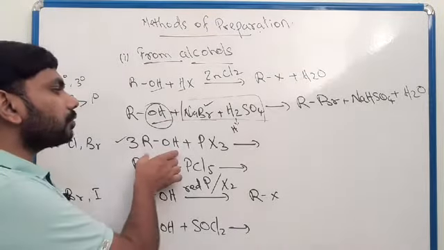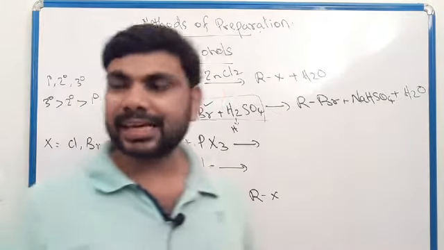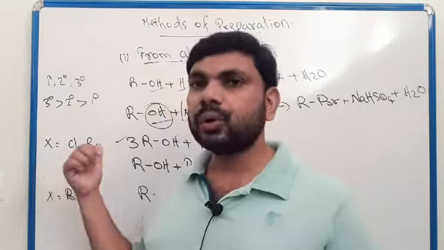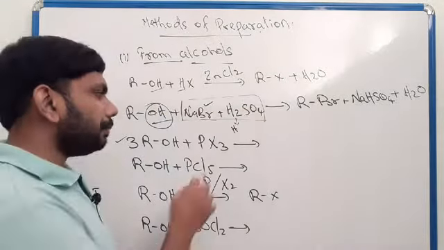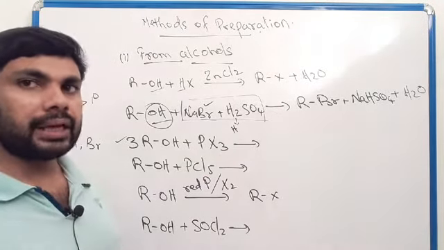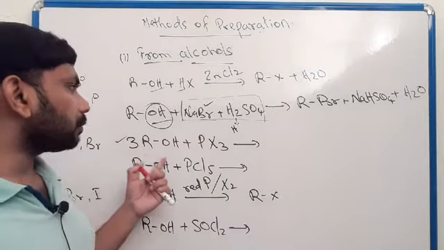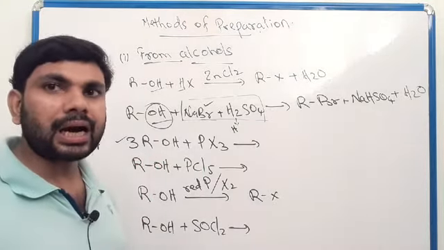This is the third method. Here alcohol reacting with PX3. X represents halogen, chlorine or bromine. Here PX3 means we can choose PCl3 or PBr3. So alcohol reacted with PCl3 or PBr3, we will get the corresponding alkyl halide.